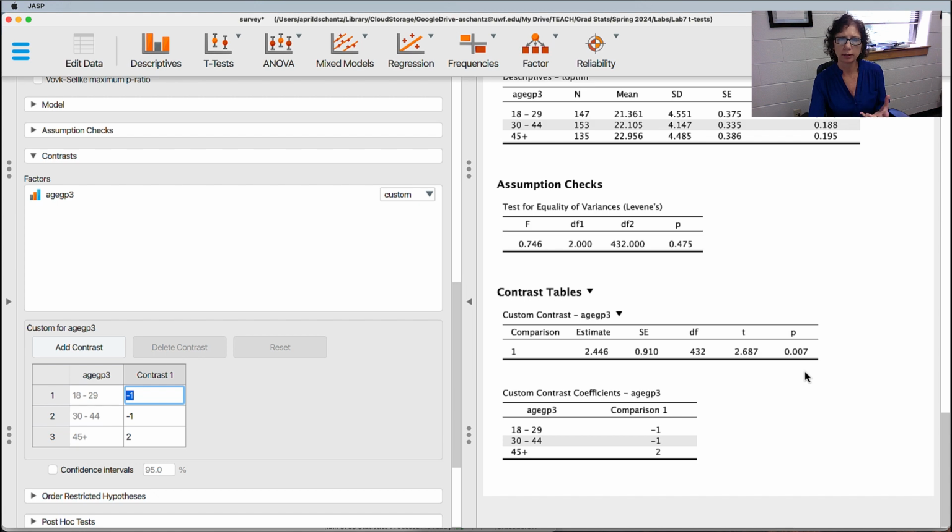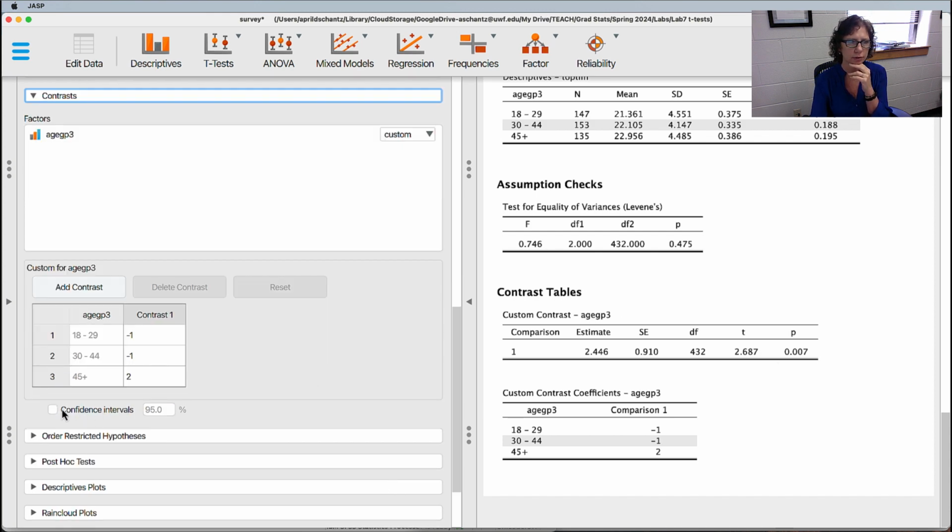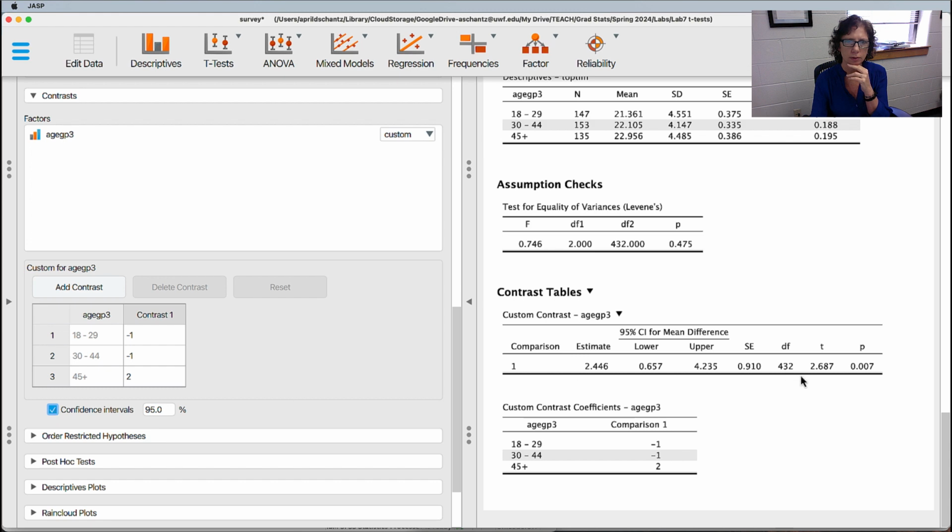Now, some other things we might want to be able to report this t-test: we have the t-test, we have degrees of freedom, and we have the significance value. What we don't have here is the confidence interval for the t-test or the effect size, the Cohen's d, for this t-test. But we can get them. Okay, there's confidence intervals. So we can get the confidence interval for the t-test in JASP. It doesn't let us get to Cohen's d here, it looks like.